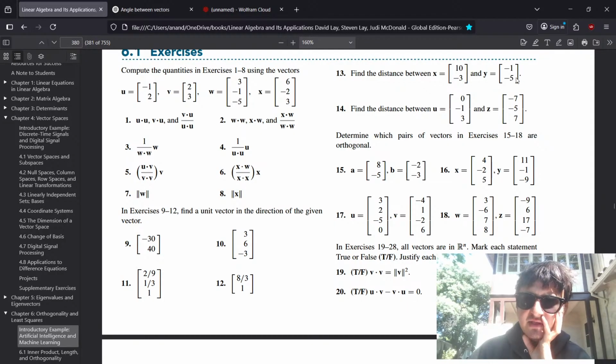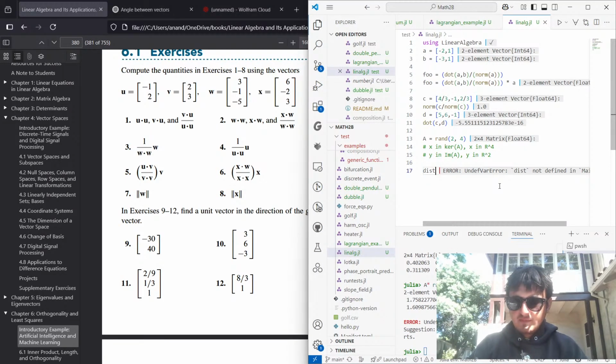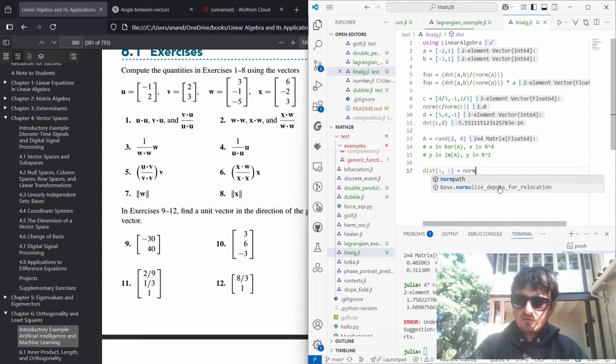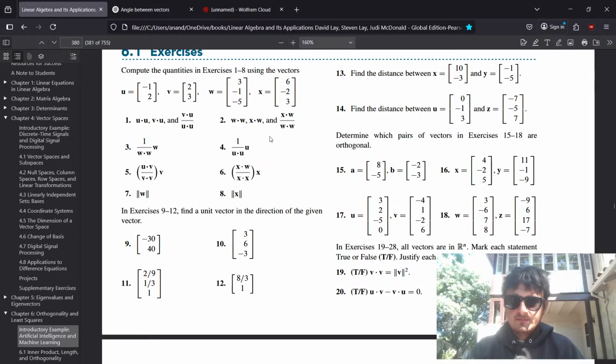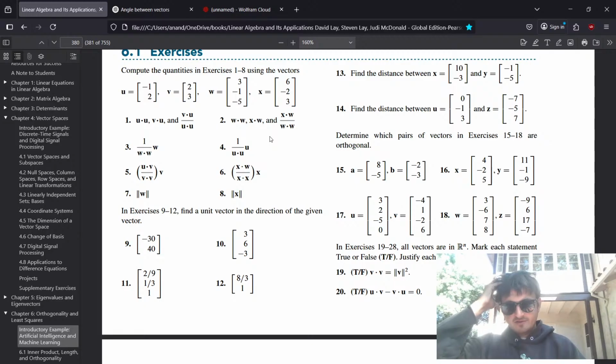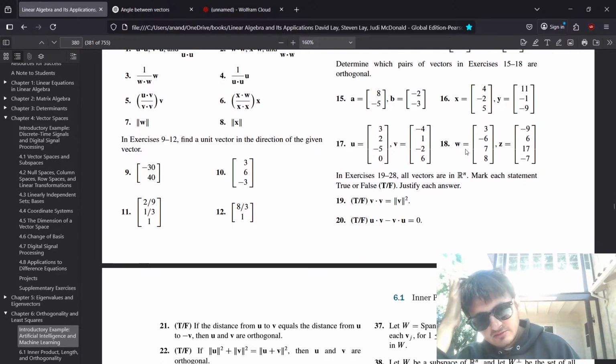Find the distance between that. This is going to be the norm of A minus B, right? So then we don't need to do that because you just remember the definition. Determine which pairs of vectors are orthogonal. No, we can skip those.